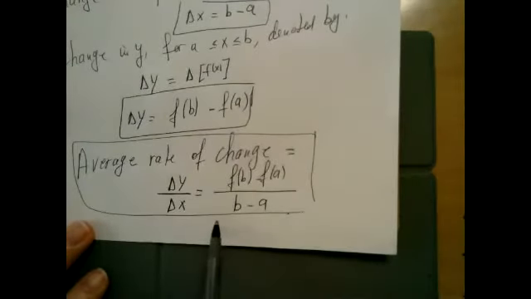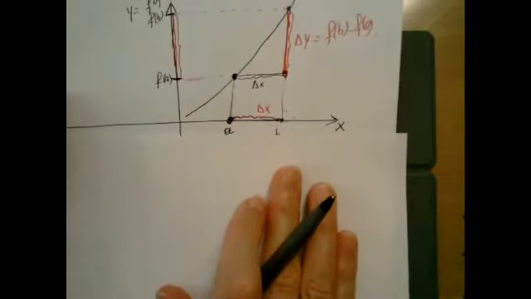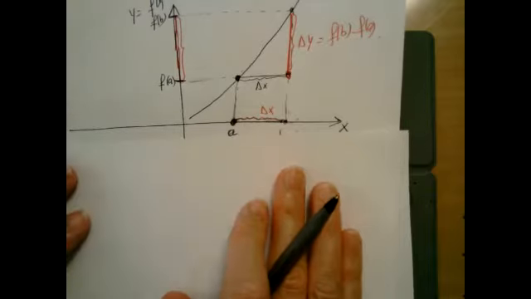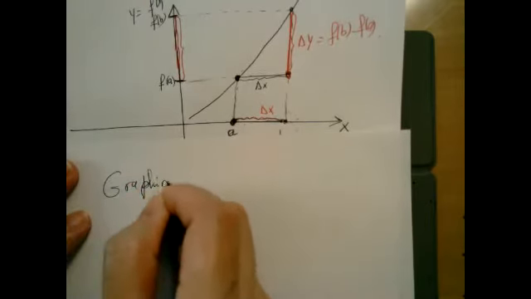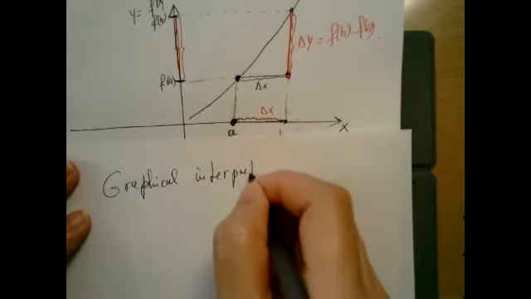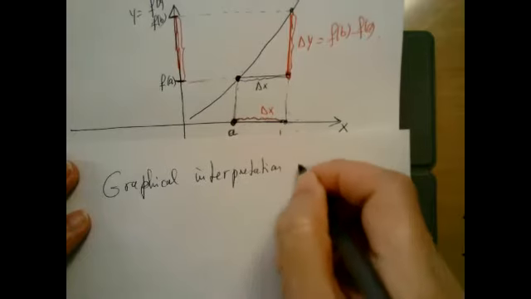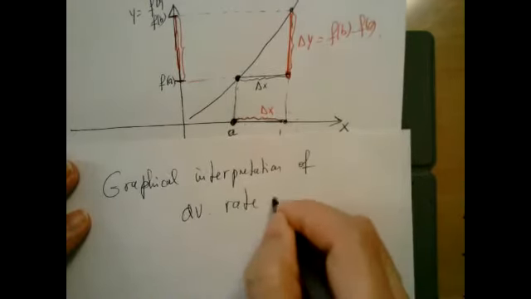Now we're going to interpret this average graphically. So graphically, what is the average? So I'll keep this picture here in front. It's absolutely a crucial picture. So the graphical interpretation of the average rate of change.